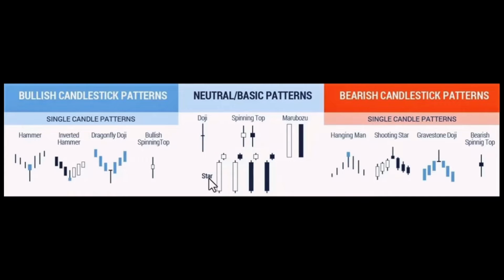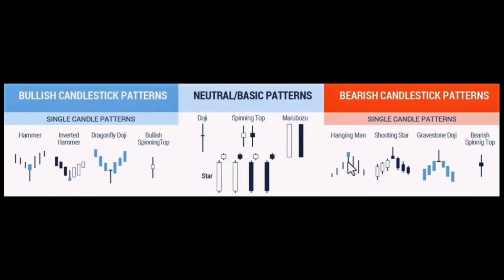And last but not least are bearish candlestick patterns, of course the single ones, which are exactly the opposite, one by one, of their equivalents in bullish candlestick patterns. So hanging man is exactly the opposite of hammer, or let's say hanging man is exactly the hammer, but it happens when the price wants to reverse from a resistance zone, which I'm going to talk about later on.